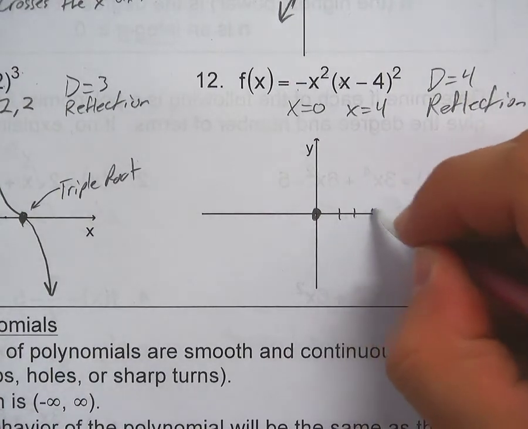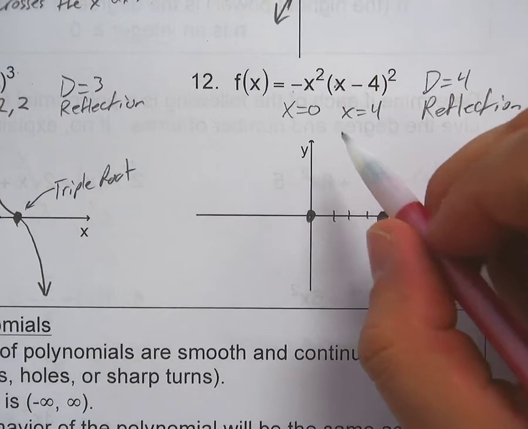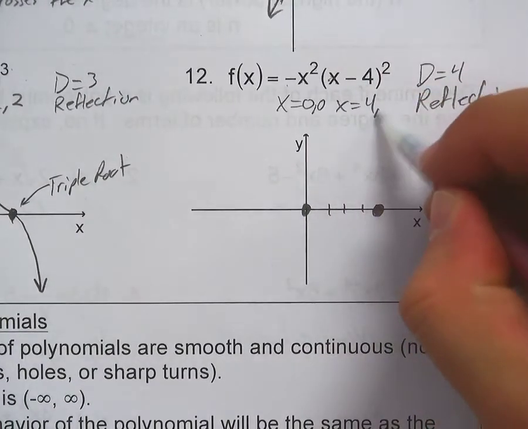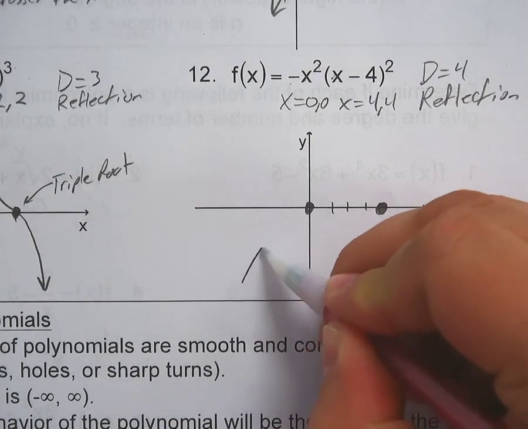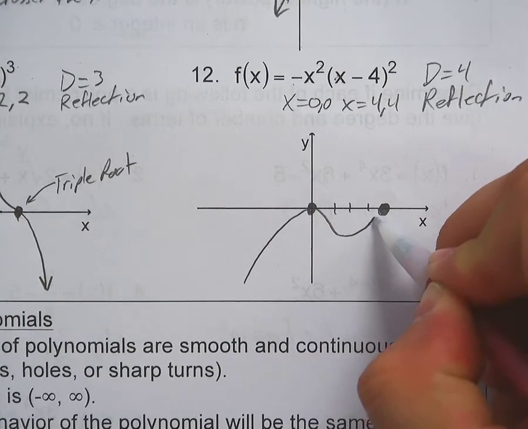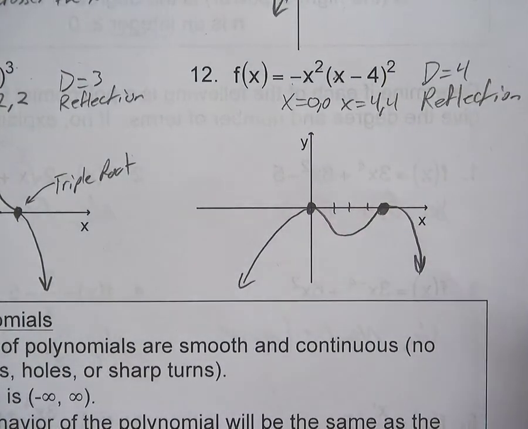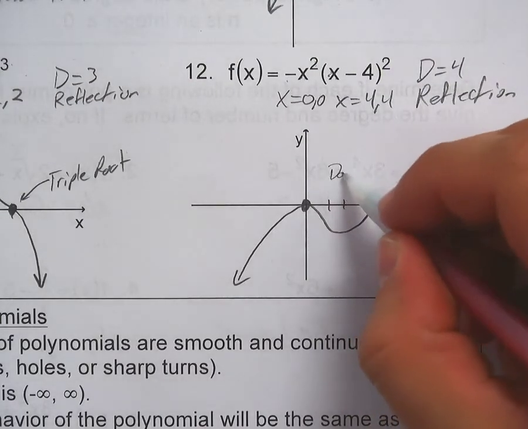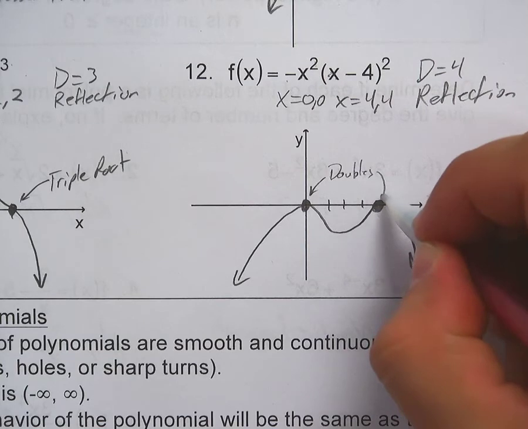Special thing about these is they're double roots again. So it's 0, 0, and 4 and 4. So since I'm opening down, I'm going to come from below, hit it, bounce off, go up, hit 4, and bounce off. So I've got two doubles right here. Double root here, double root here.